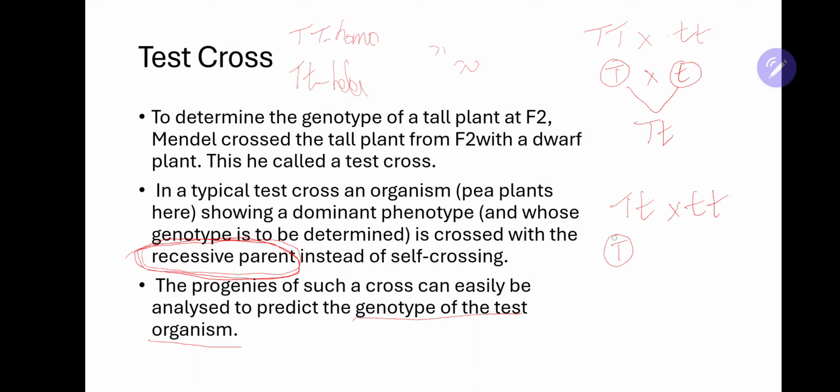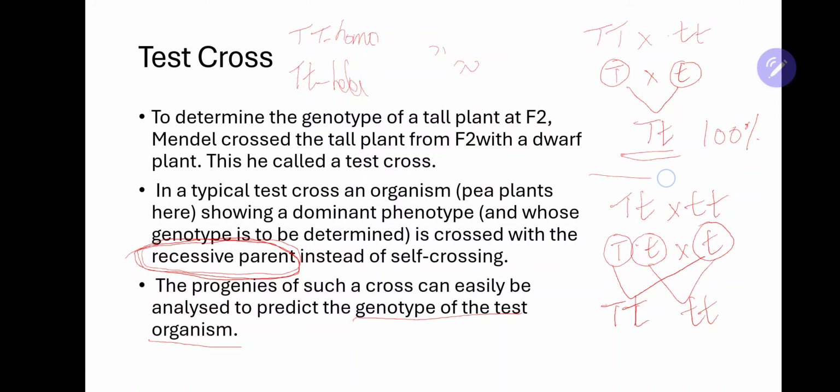When we are writing the gametes, we will be getting like this. So we will be getting capital T small t, capital T small t, small t small t and small t small t. So in the first case we can see that there are 100% tall plants.